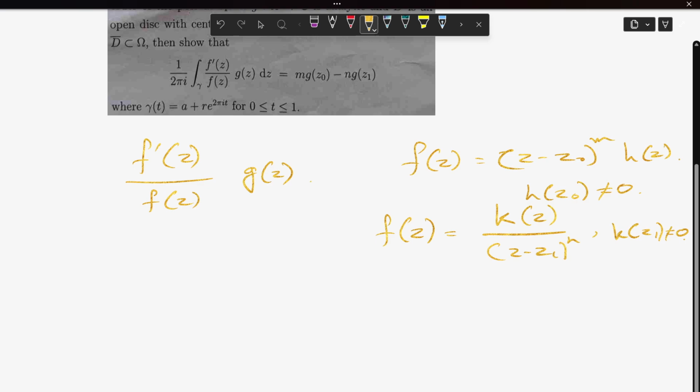Now we are going to compute f dash by f. At z0, what will happen?